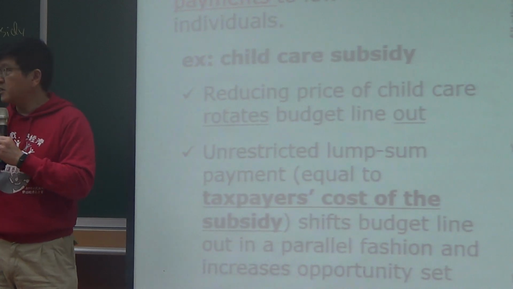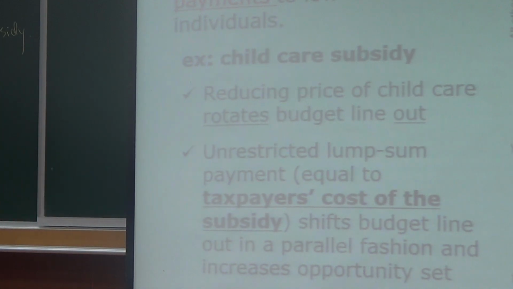So if we give the consumer a lump sum payment, and the amount of this lump sum payment equals the taxpayer's cost of the subsidy. So now the taxpayer's cost, or the cost that the government spends, would be this amount, right?